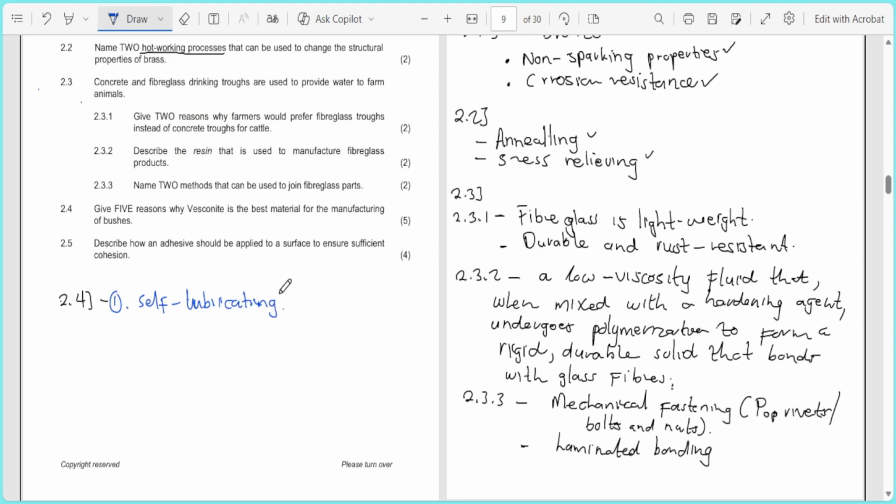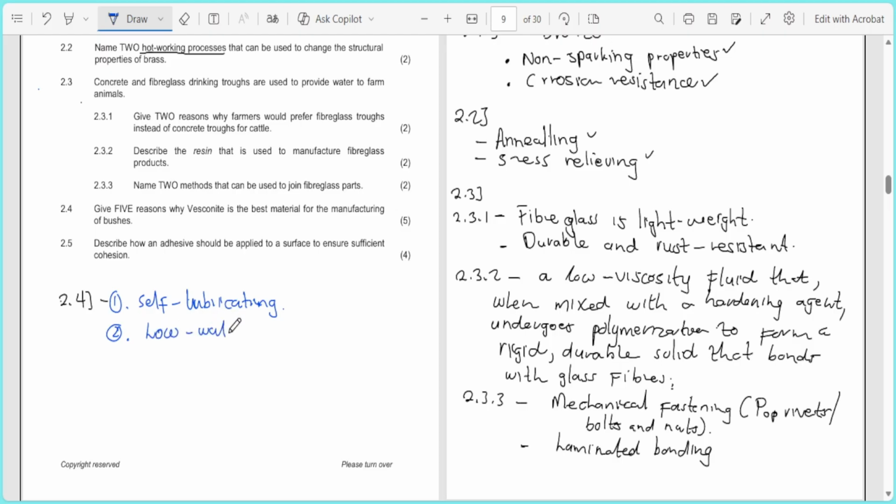It contains embedded lubricants, for example graphite, reducing friction without external greasing. This is ideal in dusty environments where grease attracts grit. Am I saying this right? Yeah, grease attracts grit.